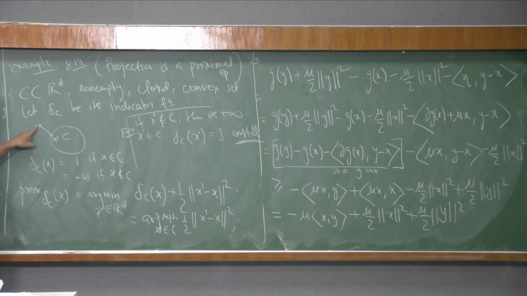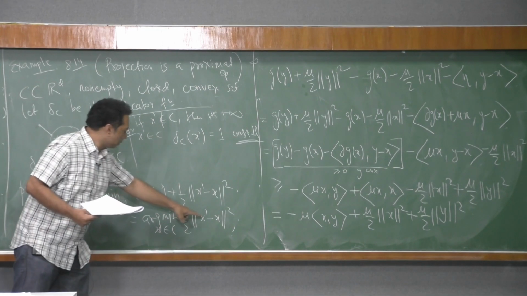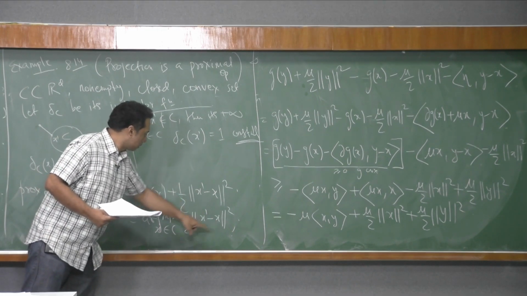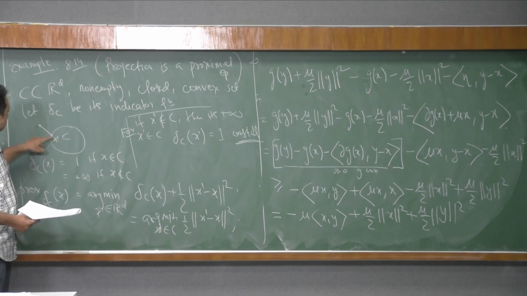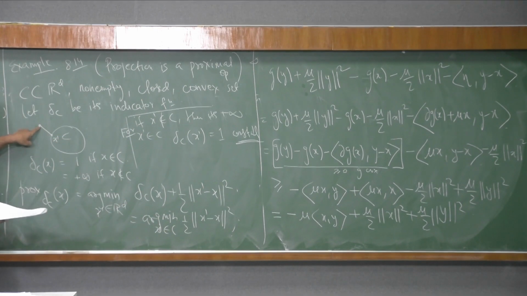The proximal is defined from R^D to R^D. I'm taking x to be anything, and for that x, if I'm looking for the proximal, then essentially I'm asking for the x' in C which is closest to x. This exactly means projection.